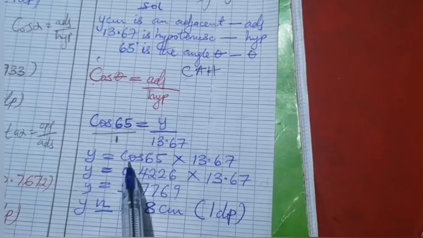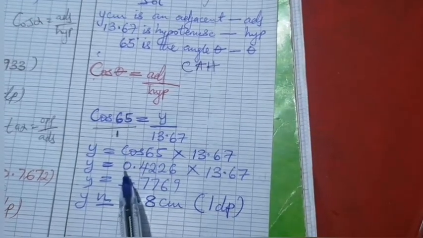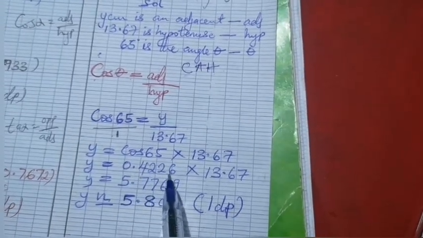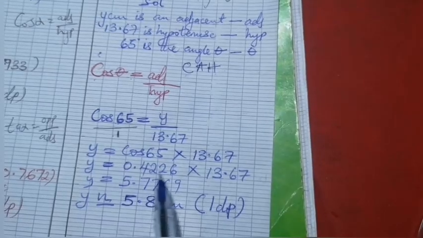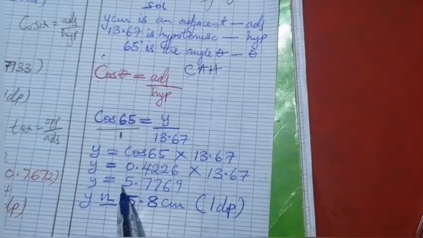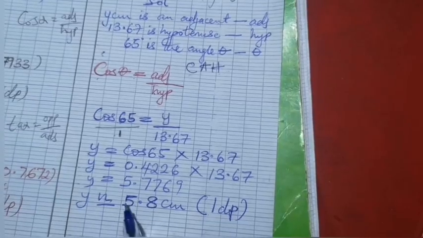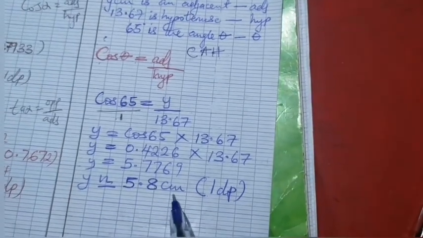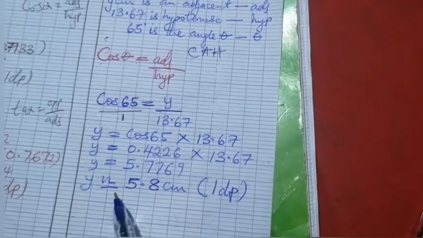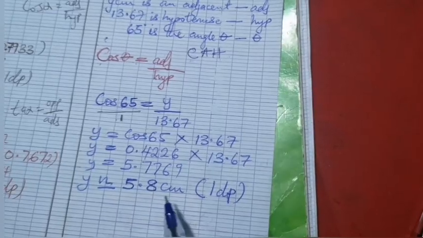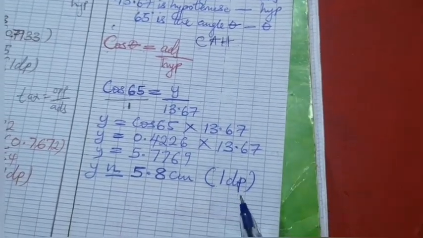Now the value of cos 65 is 0.4226. So by the time you multiply these two, you will have 5.7769, approximately 5.8 cm. So our y is approximately 5.8 cm to 1 decimal place, okay?